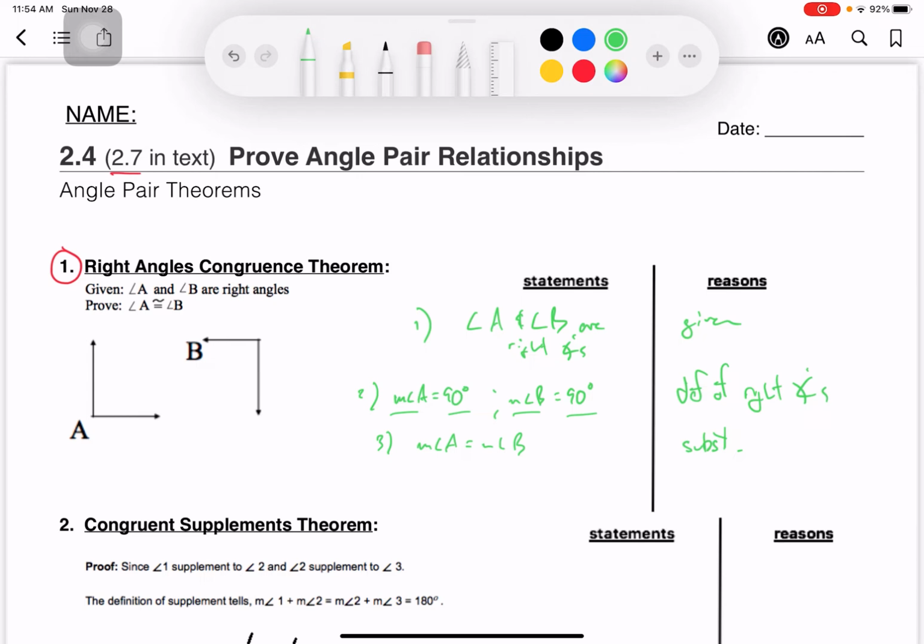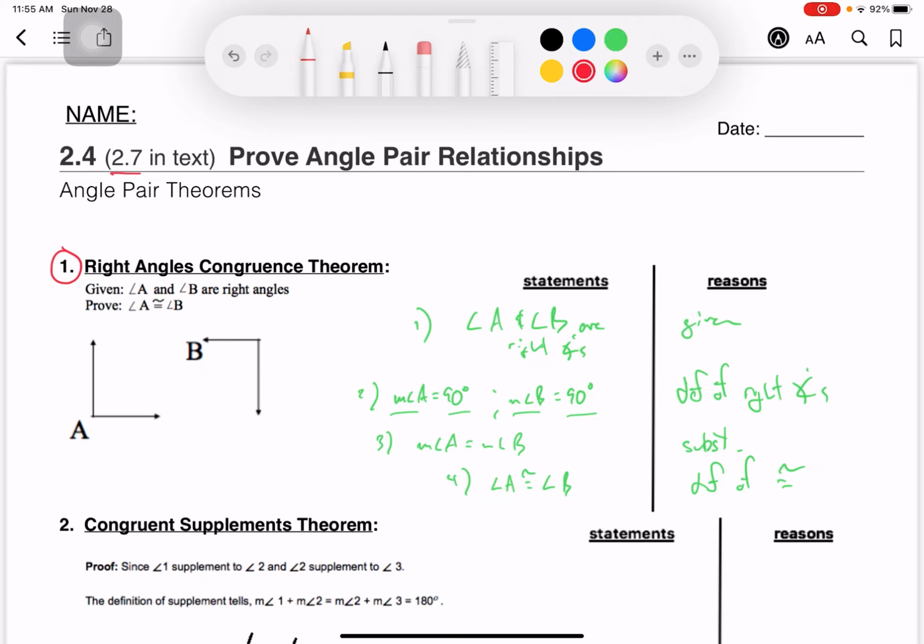Okay, so if two things are equal, we know that also means that those things are congruent. That's the definition of congruence. So what do we know now?